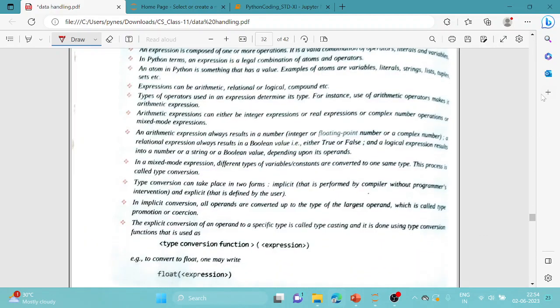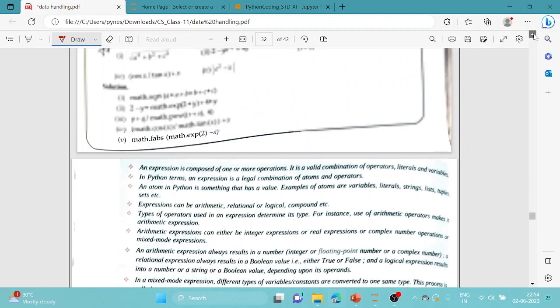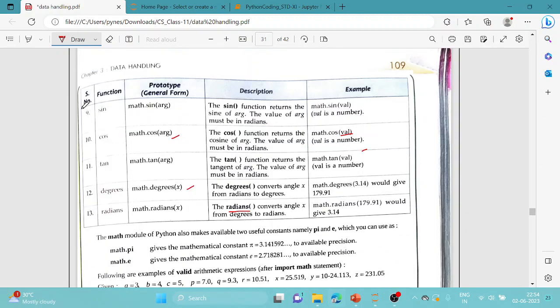Now some trigonometry functions are there. Here are those functions: sin, cos, tan, degrees and radians. Sin will return the sine value of an argument, cos will return the cosine value, and tan the tangent value. These arguments must be in radians.